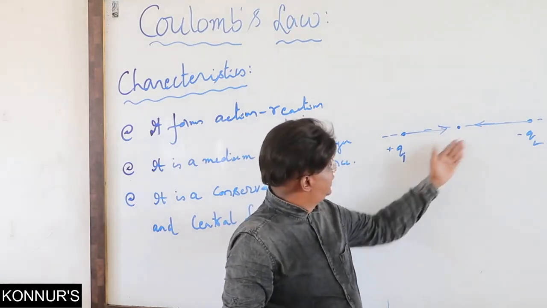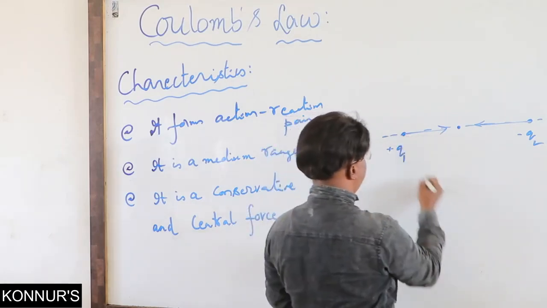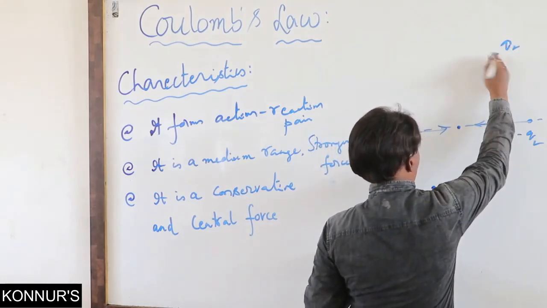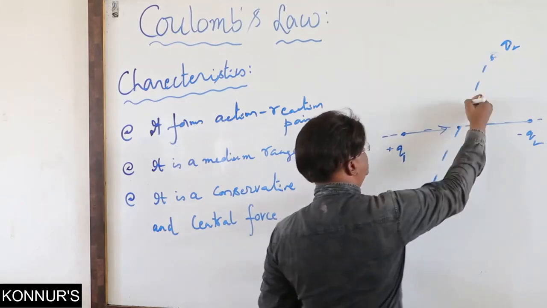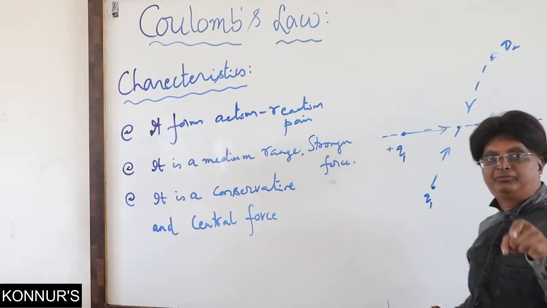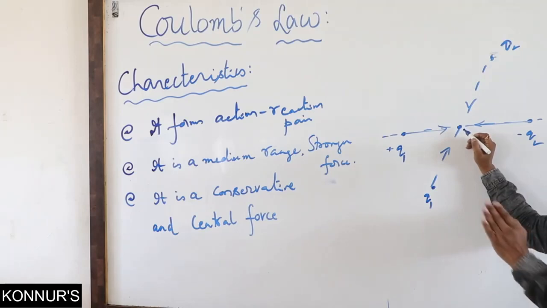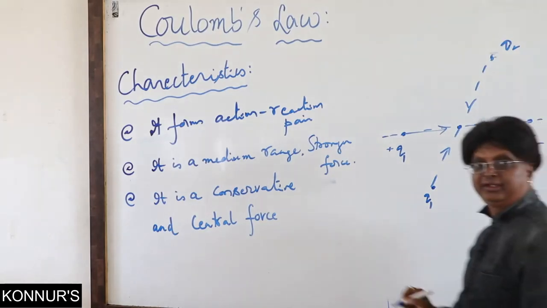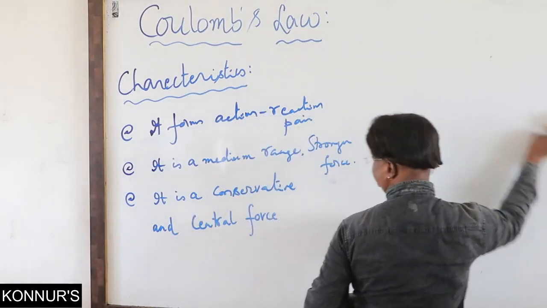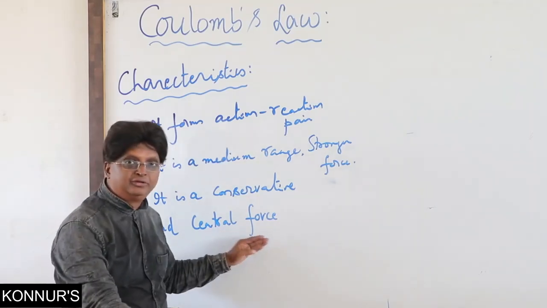Supposing the positions change after a while, Q1 comes to this position and Q2 comes to this position, the direction certainly changes for the forces, but we will find that the nature of always acting towards this particular point continues. For all such cases, the force is said to be a central force. So Coulombic force is a conservative force, and also a central force.